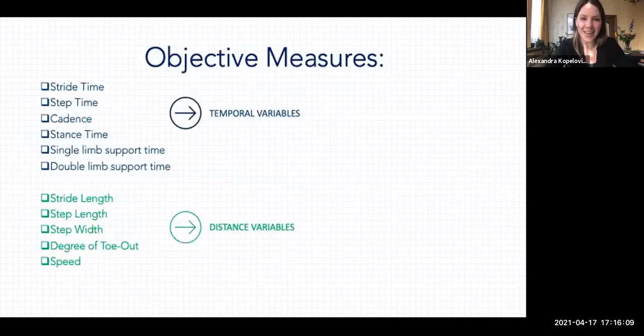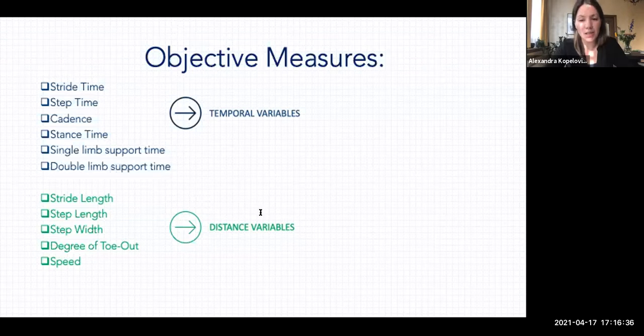So let's take a look at some objective measurements that we will measure today. The top ones are for today's presentation, and the bottom ones in green are for the next time. Today, we will be measuring temporal variables, everything that has to do with time. We will be looking at stride time, step time, cadence, stance time, single limb support time, double limb support time.